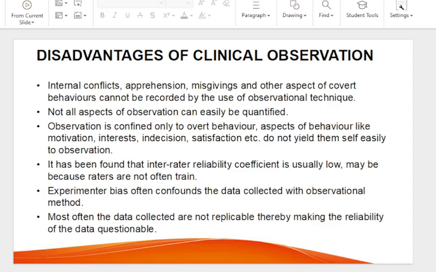If you were going to quantify the number of kicks of a ball in a football match, it's easier than observing the number of times a bead of sweat drops from the footballer. So not all aspects of observation can easily be quantified.